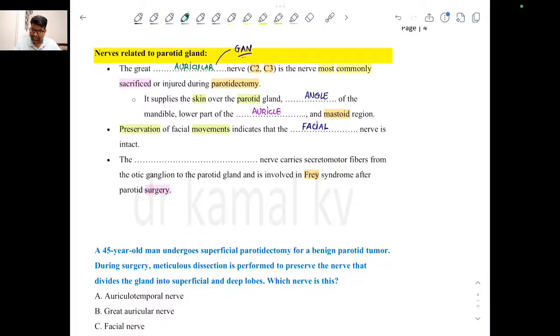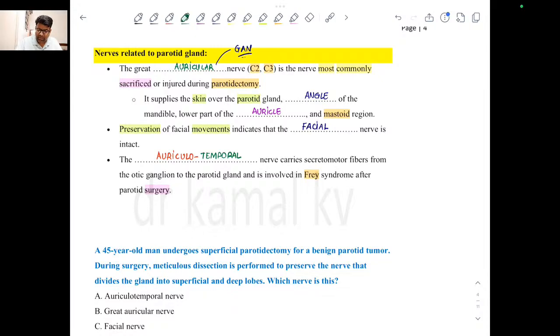And this nerve is carrying, very good, very good surgery. But so this is the auriculotemporal nerve. Now again, auricle means ear, temporal means the temporal region of the face.